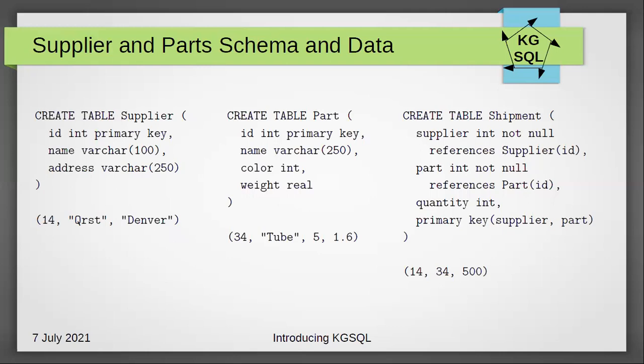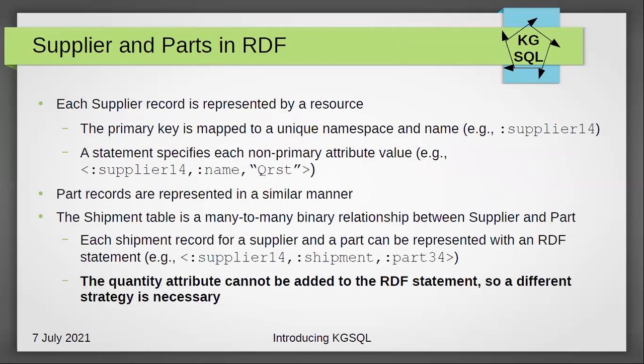And it shows the three tables: supplier, part, and the relationship between them, shipment. And it gives an example of a record of each of the three types, three tables. Now in RDF, each supplier record is represented by a resource.